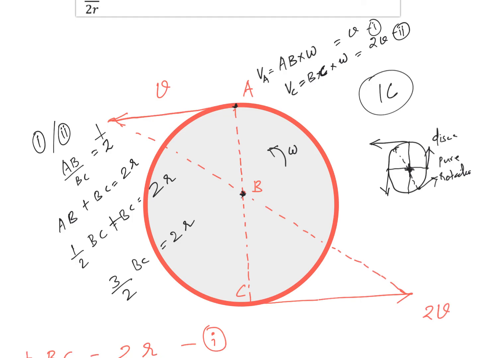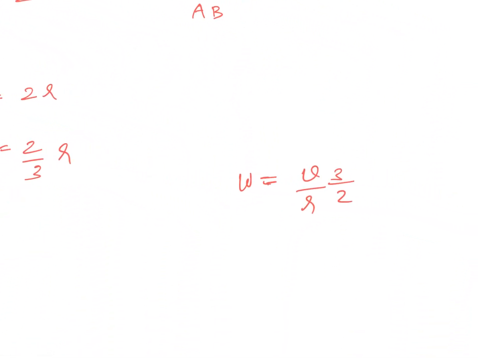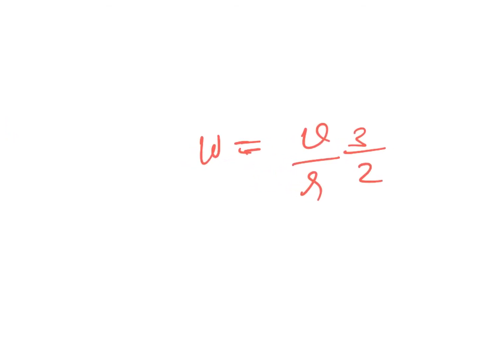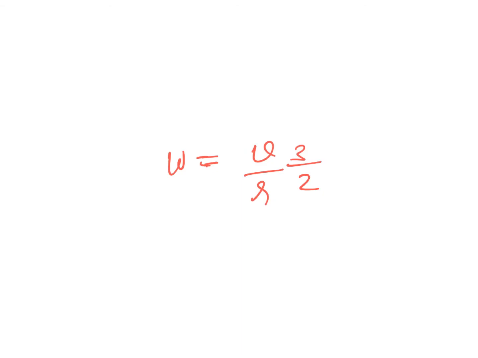You are asked to find omega. Once you do your math properly, you will get omega to be 3 by 2 times V by R. This is how you solve this problem using the concept of instantaneous center.